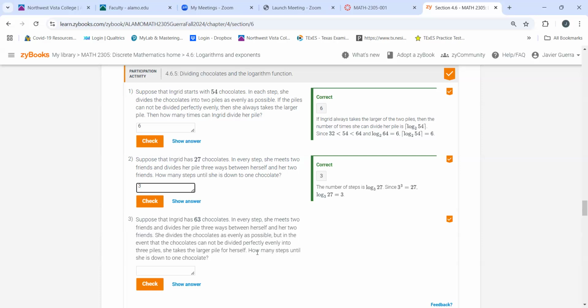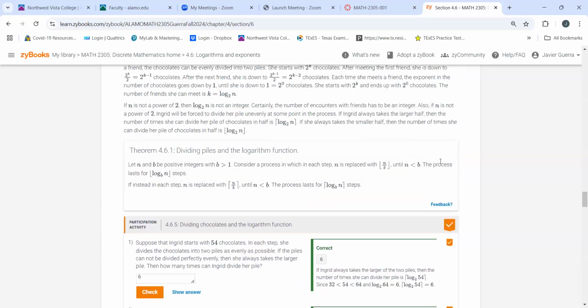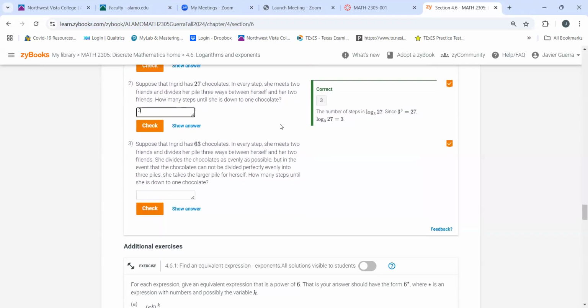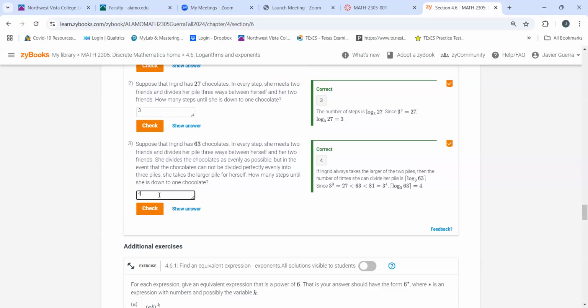And so she's going to keep the larger pile for herself. So that would be a ceiling. So the ceiling has to be 4. Yep. Nice.